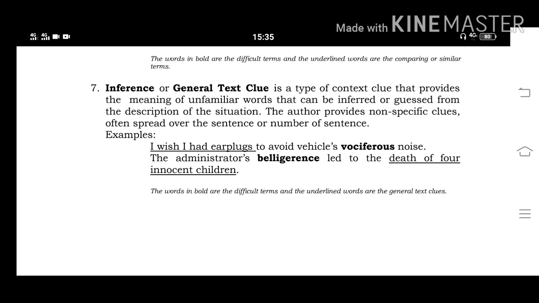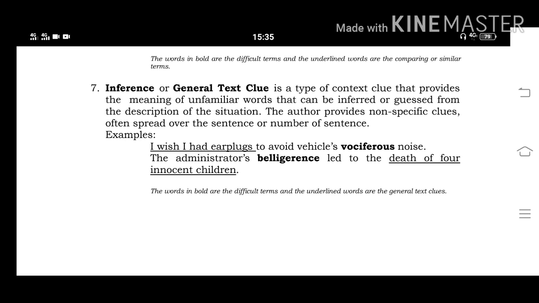Example, I wish I had earplugs. Gusto din sana daw magkaroon siya, meron siyang earplugs. Bakit? To avoid vehicles' vociferous noise. So, ang i-infer mo ang salitang vociferous. Okay, vociferous noise. Bakit kaya? Okay?